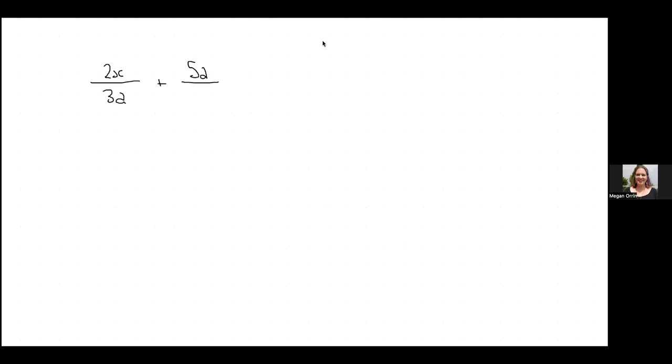Okay, now I've got letters on the bottom and the top. So I need to make my denominators match again. So what am I going to multiply by? Okay, so I'm multiplying this one by 4, this one by 3, and that should make my bottoms match.